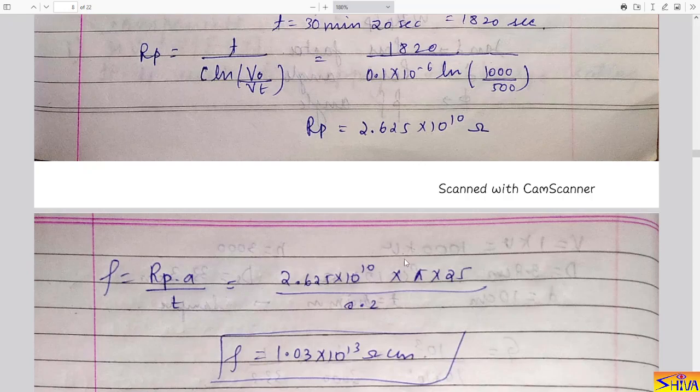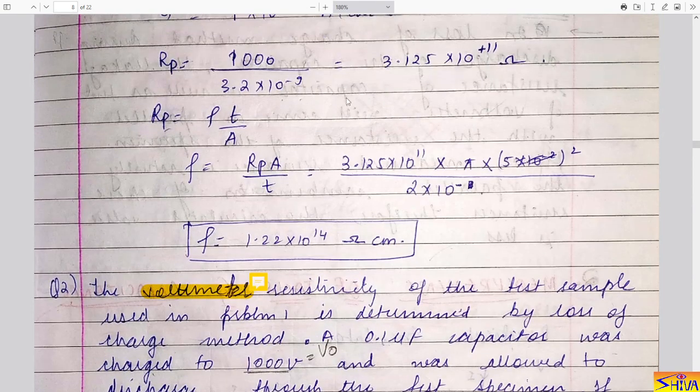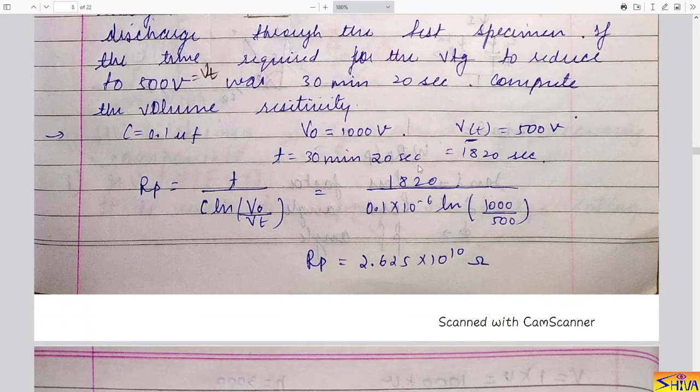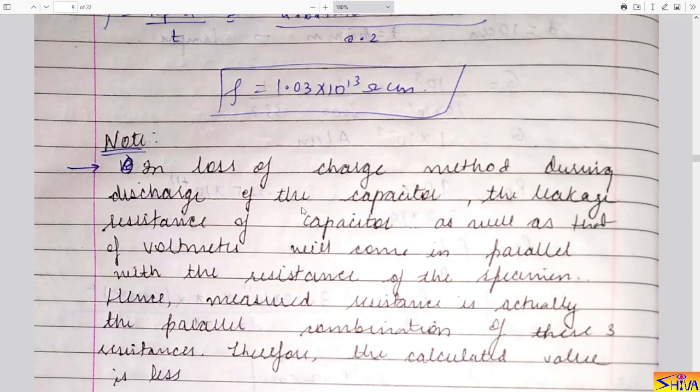Now let us compare the value of resistance computed by both these methods. With first method, that is galvanometer method, it is 3.125 into 10 to the power 11 ohms, and with loss of charge method it is less, it is 2.625 into 10 to the power 10 ohms. Now let us see the reason. The reason is, in loss of charge method, during discharge of the capacitor, the leakage resistance of the capacitor as well as that of voltmeter will come in parallel with the resistance of the specimen.